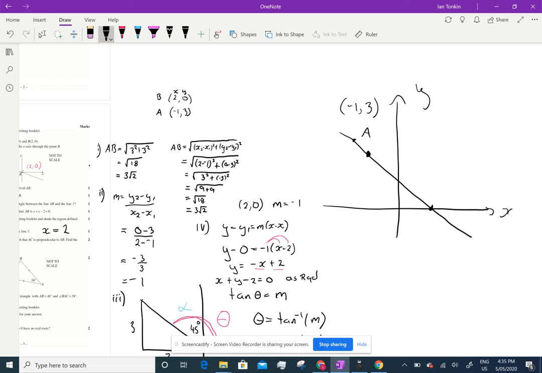Here's the point B, which is 2 and 0. I don't want to write that 2, 0 like that. Let's write it a bit neater. 2, 0. The line L is straight up. It's a terrible line.